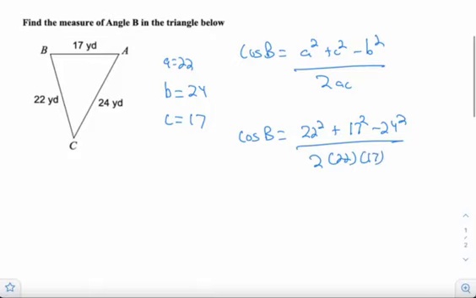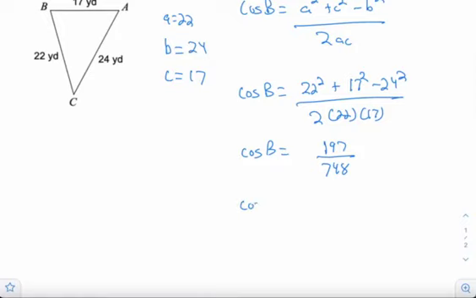It's sometimes easy with a standard calculator to compute the numerator and the denominator separately, but depending on the type of calculator you have, you might be able to do it all in one step.